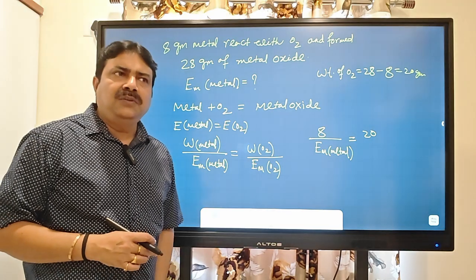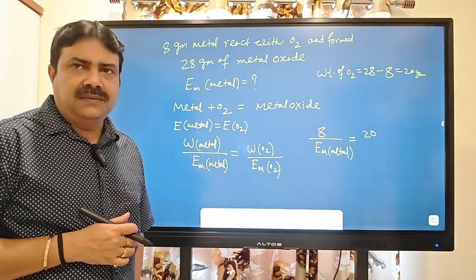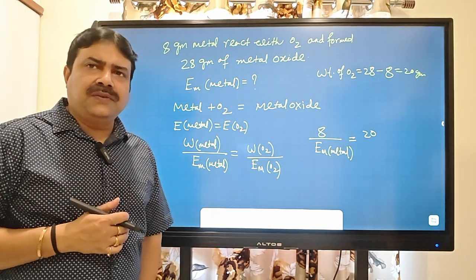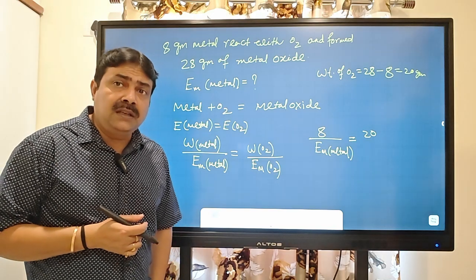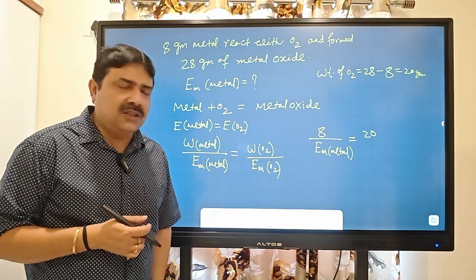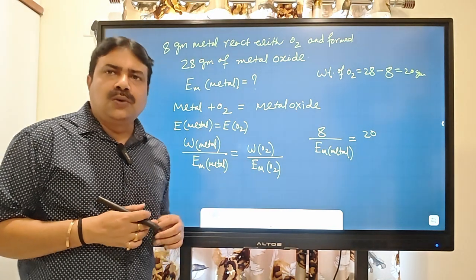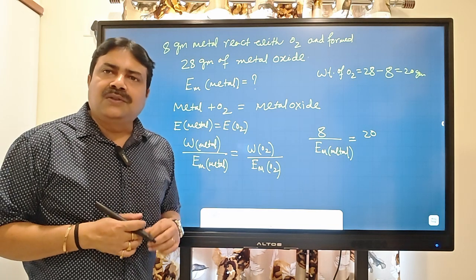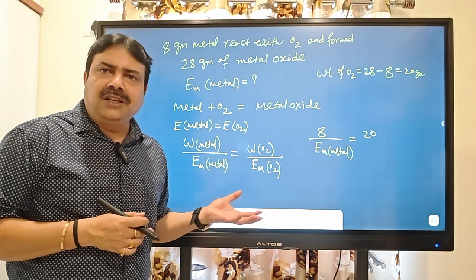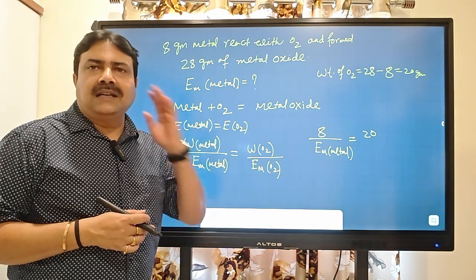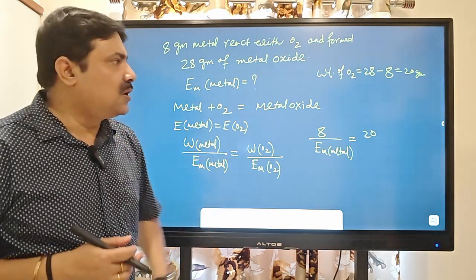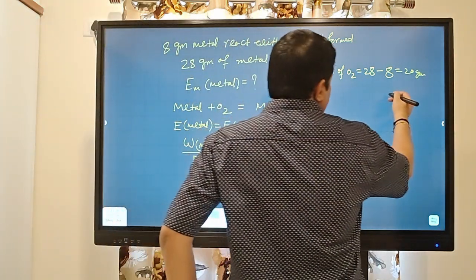So there are 6 valence electrons. To attain the inert gas configuration, oxygen needs to gain 2 electrons, each oxygen atom. In O2, how many oxygen atoms? 2 oxygen atoms. So total how many electrons need to gain? 4. That's why N factor for oxygen is 4.